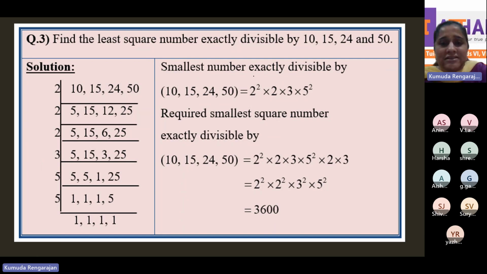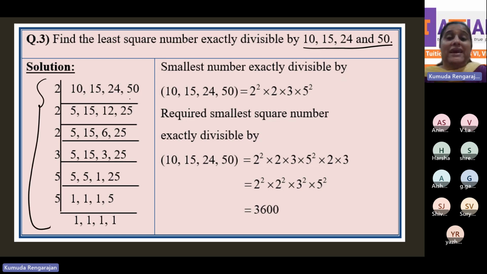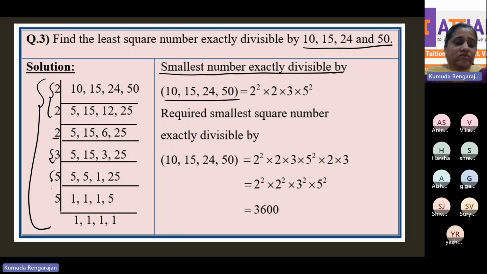You don't have to mention LCM here because the question is not to find the LCM, but we have to work that procedure to get the required answer. So step 1, take up the four numbers and perform the procedure to find the LCM of these four numbers. After that, the smallest number exactly divisible by these four numbers is equal to 2 square into 2 into 3 into 5 square.